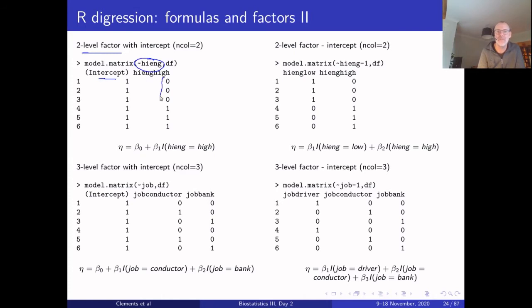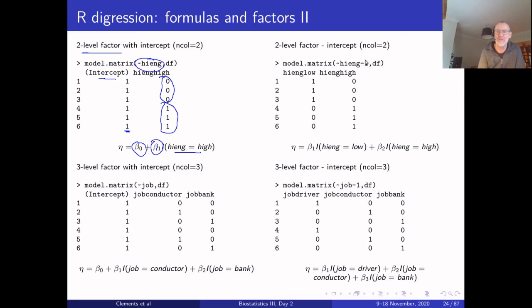For the first three rows, they were all low energy, so these values are 0, and then they were all high energy for rows 4 to 6. We can express the linear predictor as an intercept term plus beta 1 times I, an indicator term which takes value 1 when this is true and 0 when this is false. So eta is equal to beta naught plus beta 1 times I(high energy equals high).